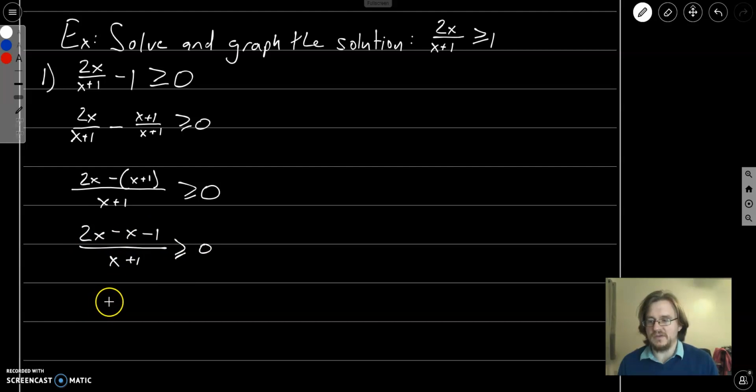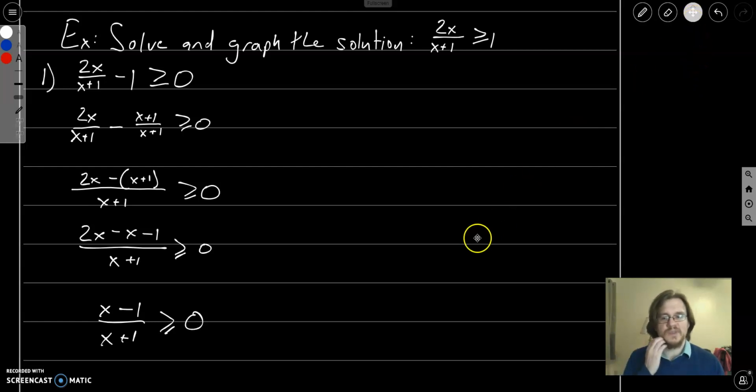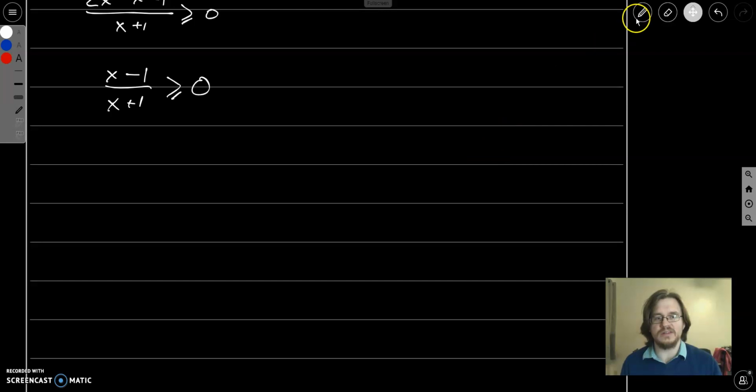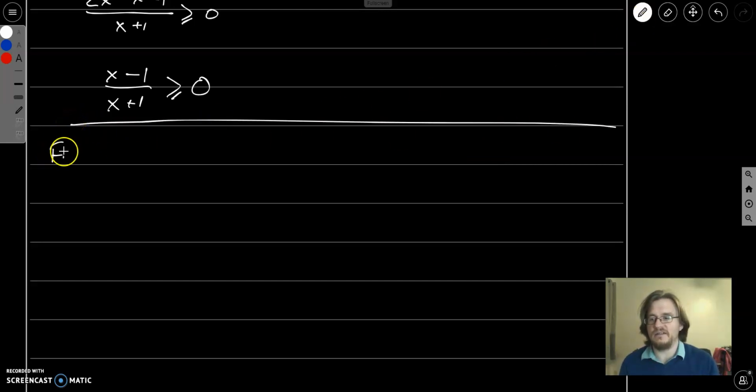And I can finally write, this will be x minus 1 over x plus 1. And I need to find where this is going to be greater than 0. So what I want to do is find the asymptotes and the zeros of this function.